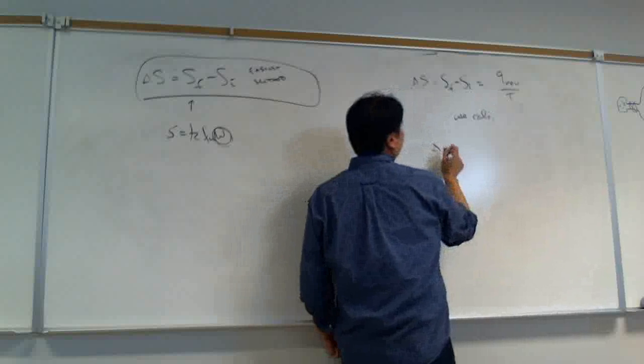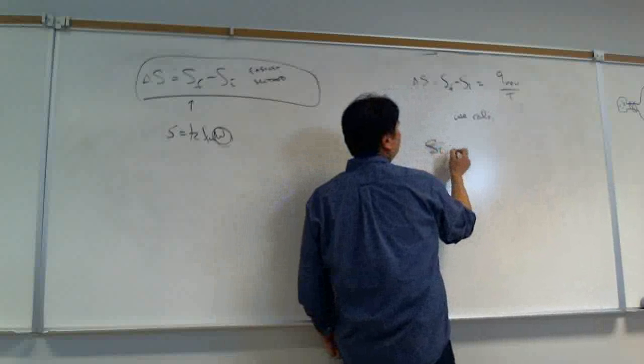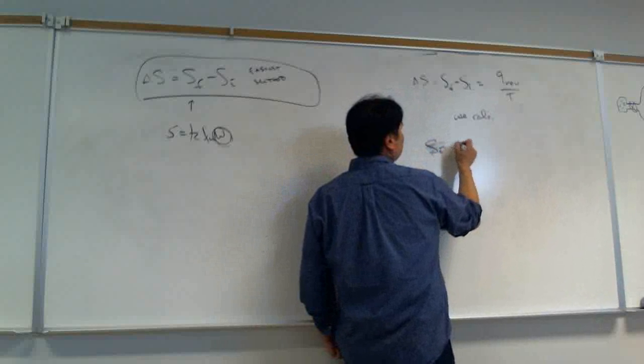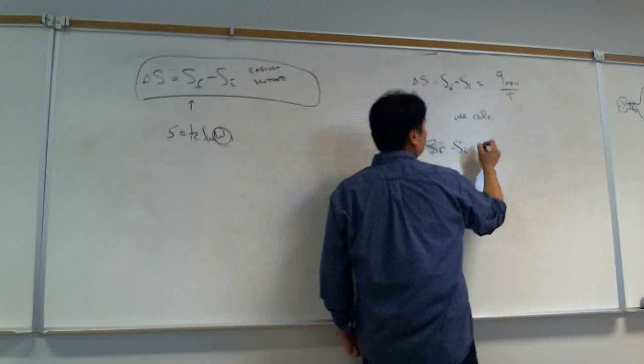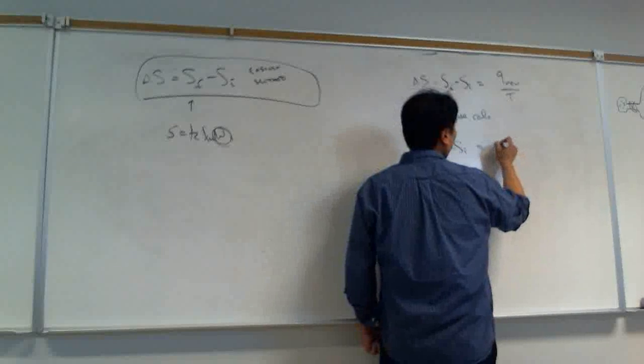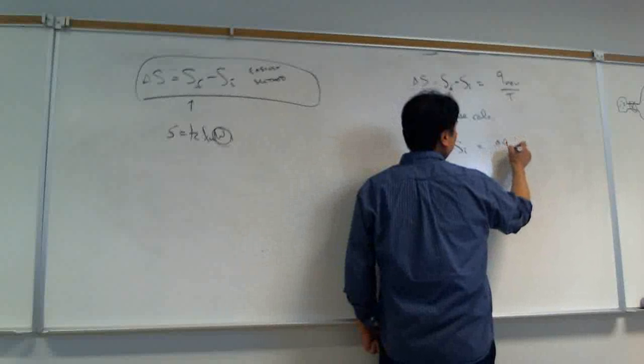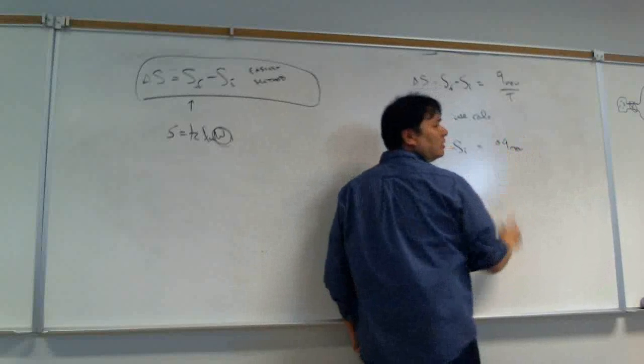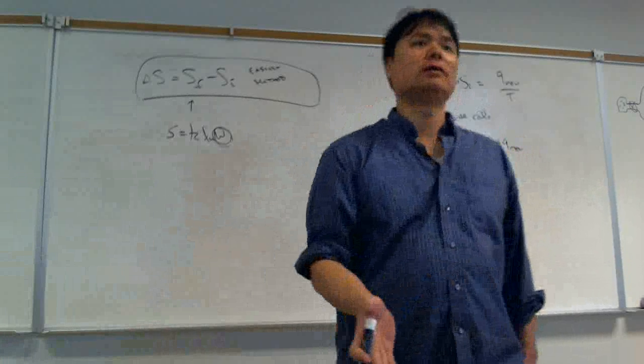And so we get this thing that says S final minus S initial. This is going to equal delta Q. Normally we don't use delta Q, right? Because Q is already delta.